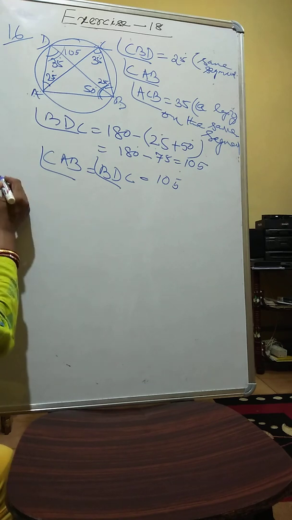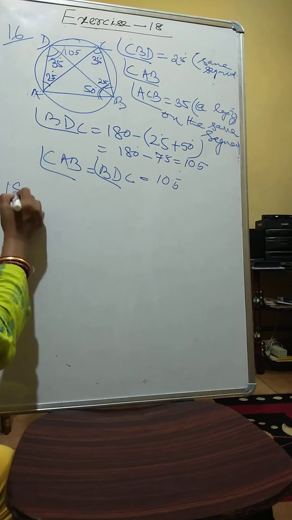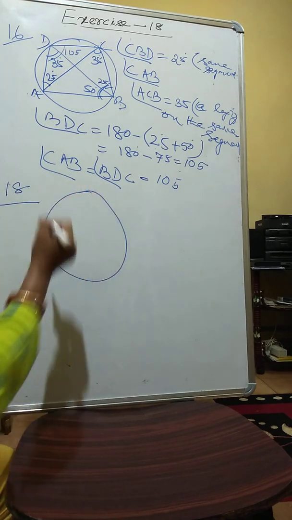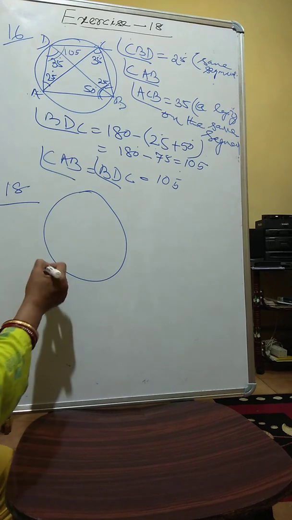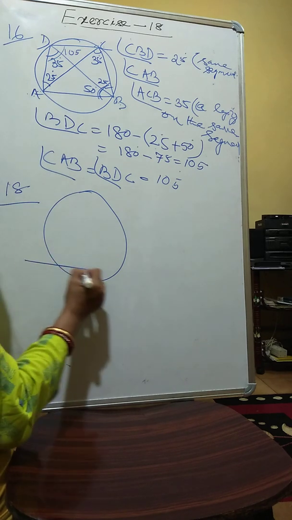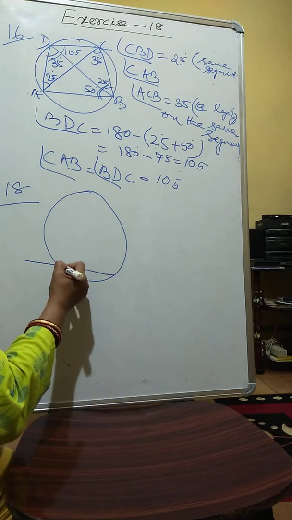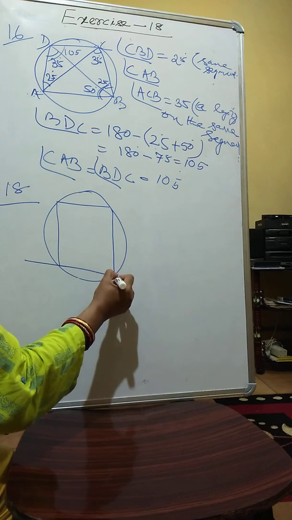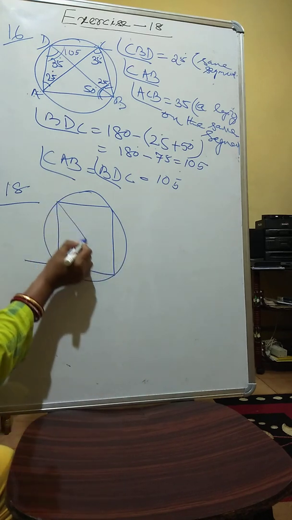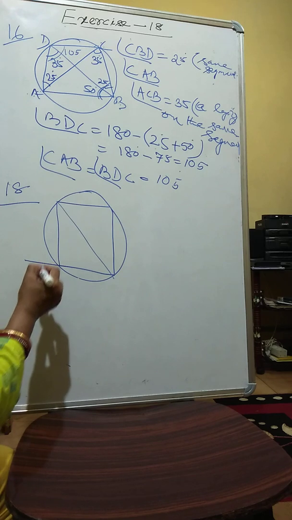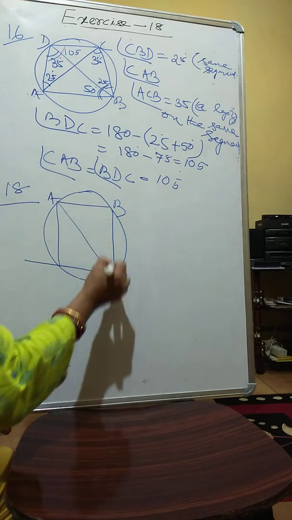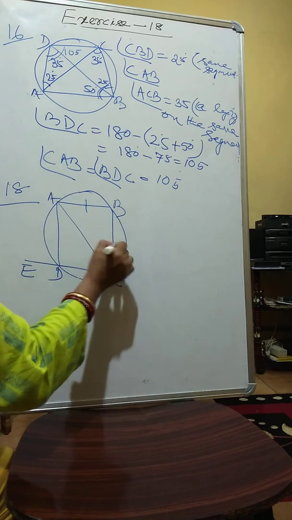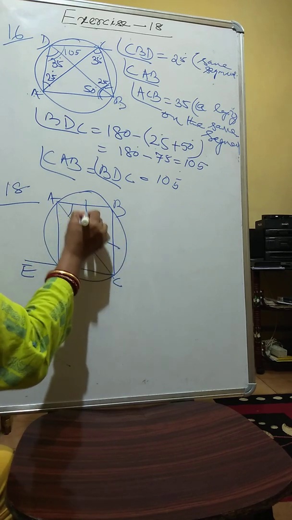Okay. Then I am going to do question number 18. A, B, C, D, E, this is equal, this is 40 degrees.